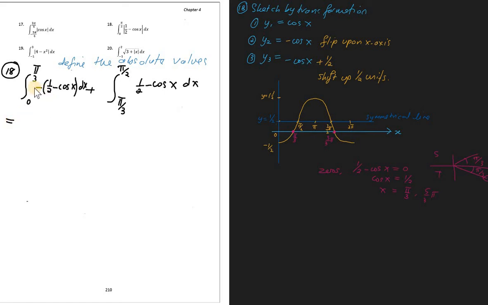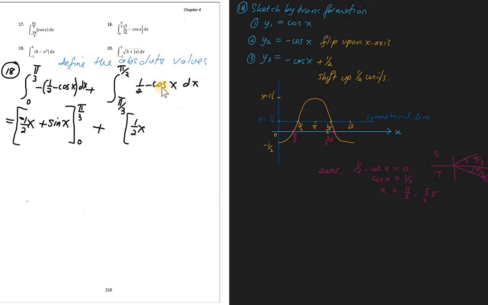Right, so let's do it. Integrating negative half is negative half x. Here we have negative, negative, positive. Integrating cosine is sine, and we read the boundary from 0 to pi on 3 for this function. And then plus, we do the same thing. Integrating half, we get half x. Over here there's a negative, right? Be careful with the negative.